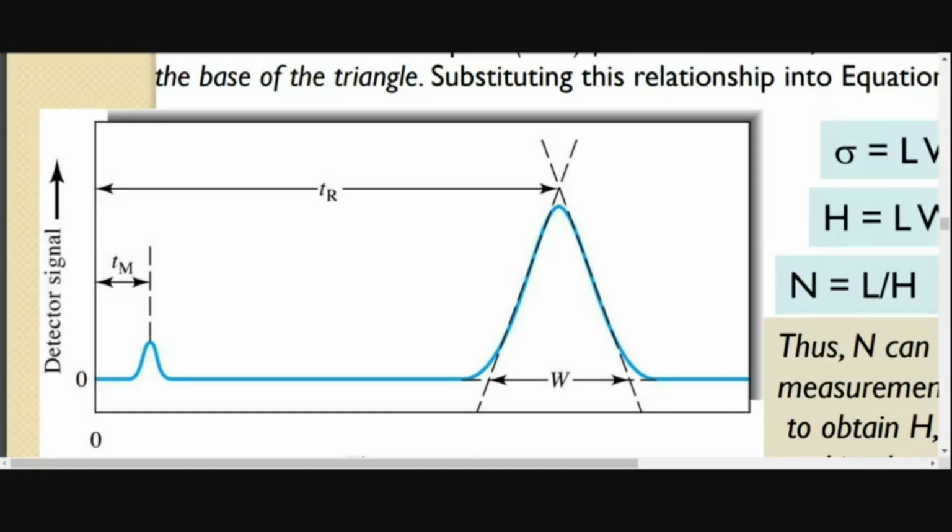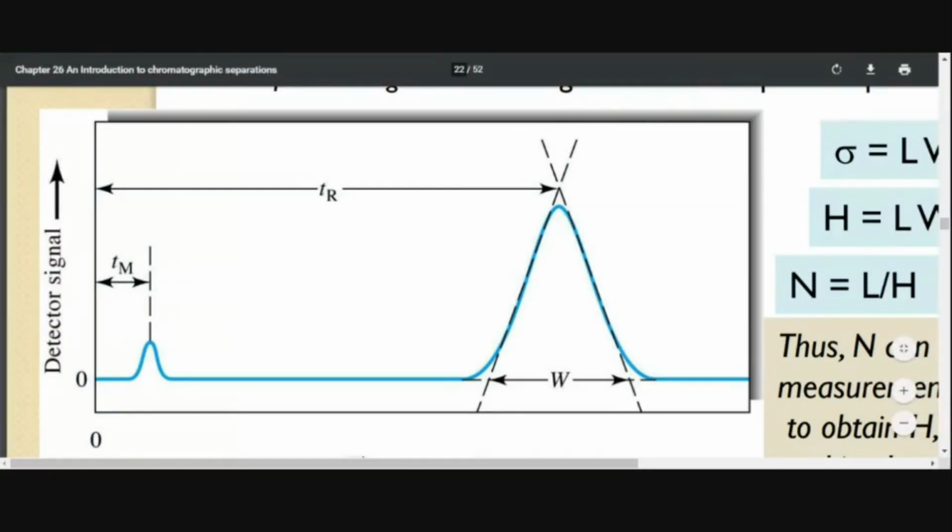No book is discussing this, but you can consider it for your understanding. So this is the width of the peak at its base. What is W? I repeat, it is the width of the peak at the base of that peak.